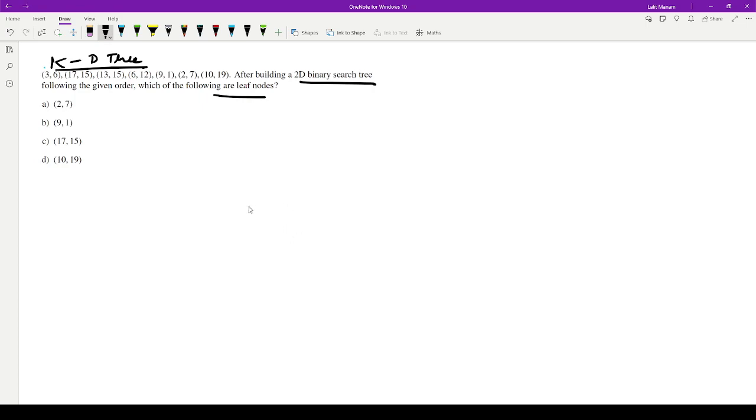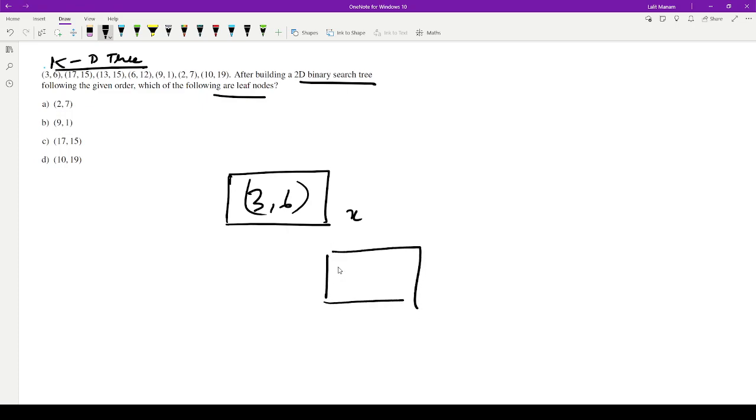Yes, sir. We'll take the first point, 3 comma 6. What is the reference coordinate that we'll consider here? x. Yeah. Now next is 17 comma 5. Where will it lie? Right side. Why? Because 17 is greater than 3.